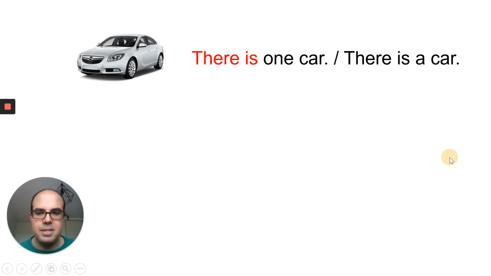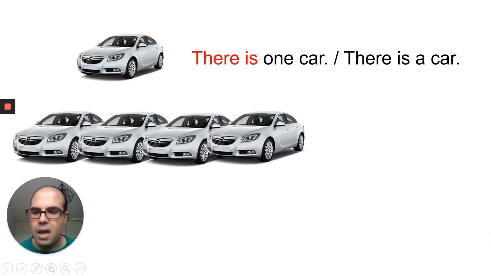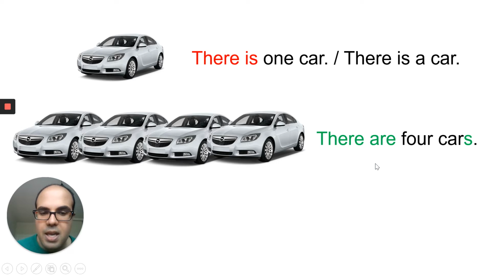But what happens? Now let's count the cars that you can see in the picture. Okay, 1, 2, 3, and 4. So I can say the number of cars that we can see in this picture. I can say that there are 4 cars. Okay, this is what we were learning the other day.